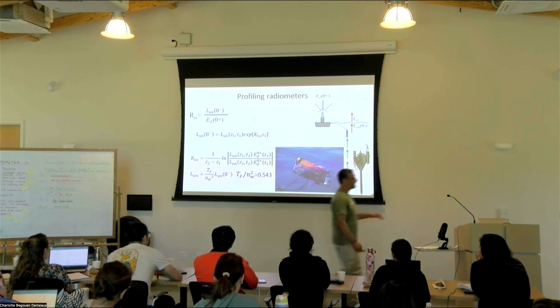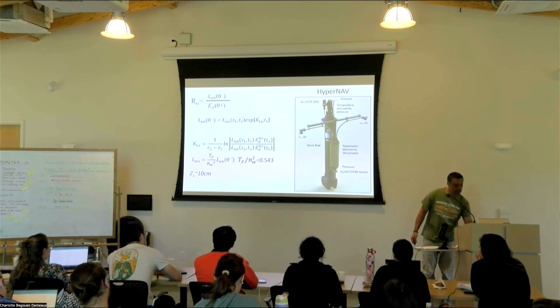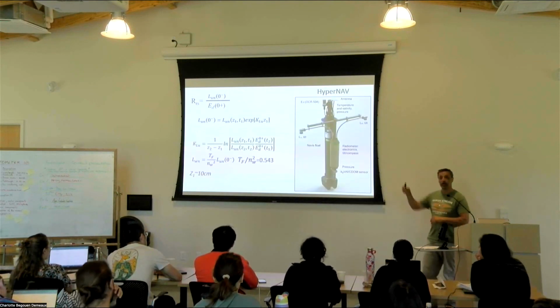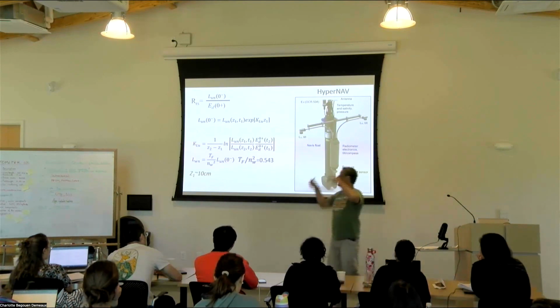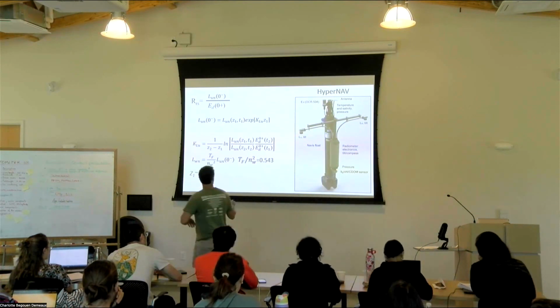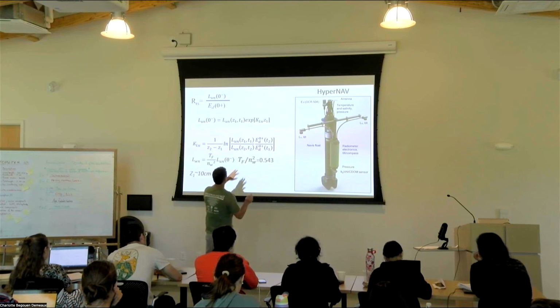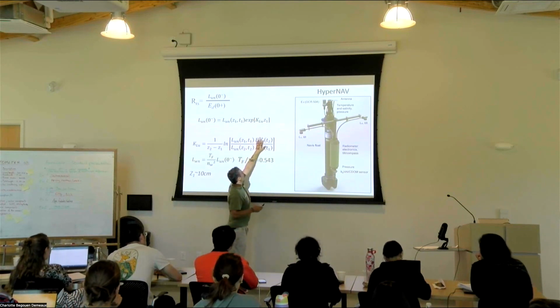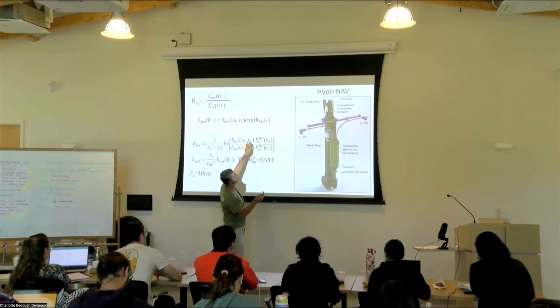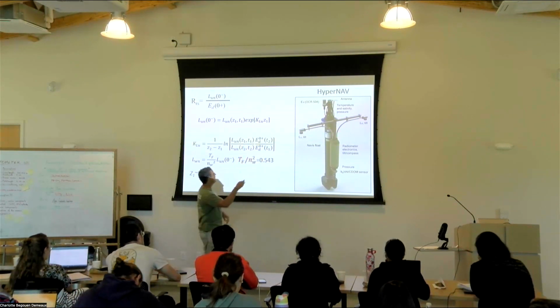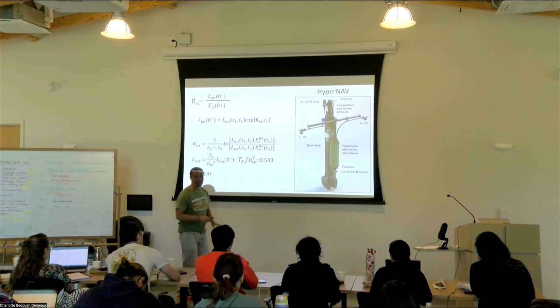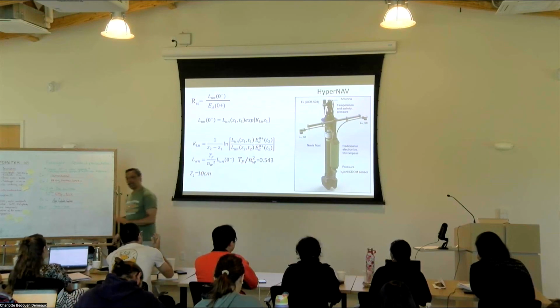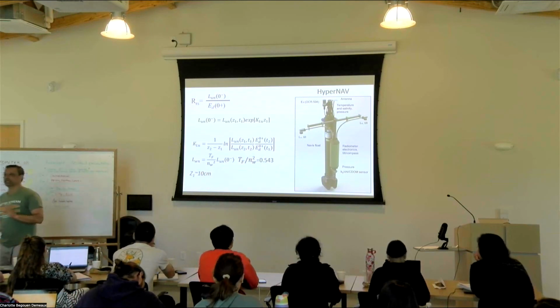This is not done by the HyperNav because we don't have a reference at the surface. There's no reference buoy at the surface. So the only times where you get good data is when these are the same, because you do not have this Ed at the surface. I should not have put this in because you don't have it. So the assumption is that there's no change in the irradiance.